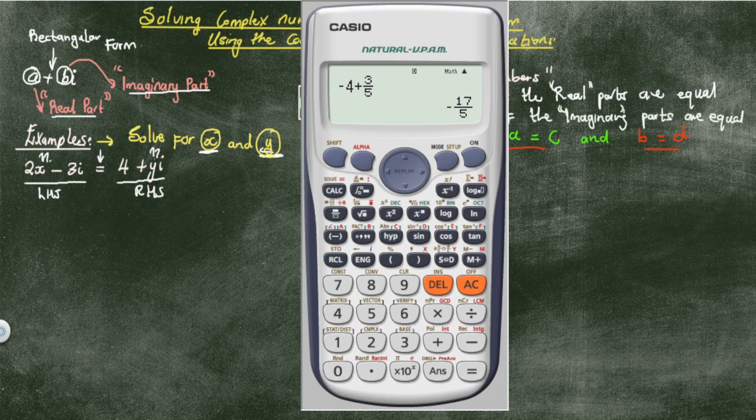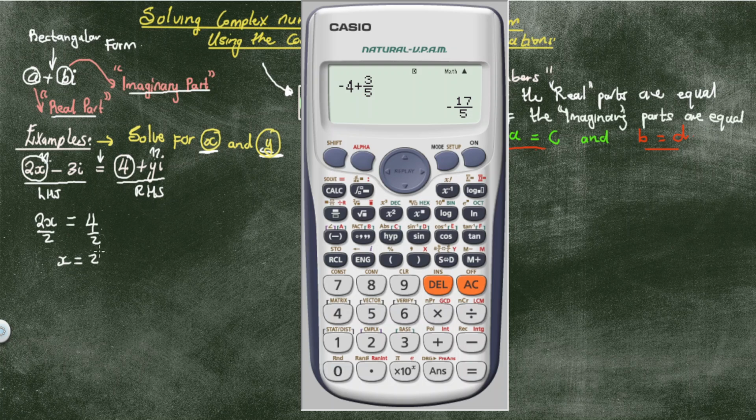Now, the rule for equal complex numbers states that the complex numbers can only be equal if A is equal to C and B is equal to D, the real parts are equal and the imaginary parts are equal. So this means that the 2x must be equal to 4. Why? Because the 2x and the 4 are both real parts. So we just make them equal and solve for x.